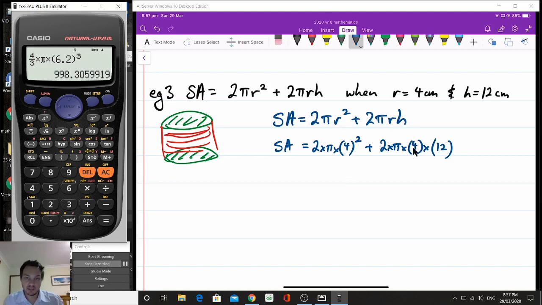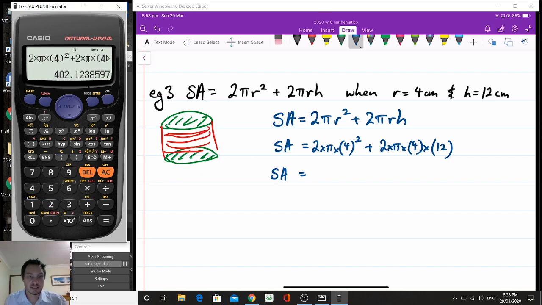Okay, and then I can just use my calculator and literally type that in. 2 times pi times 4 squared, plus 2 times pi times 4 times 12.